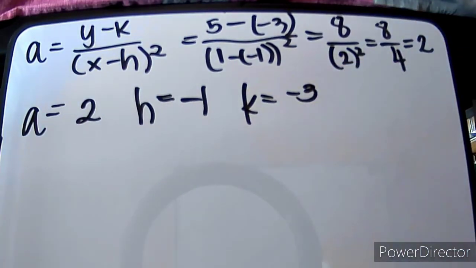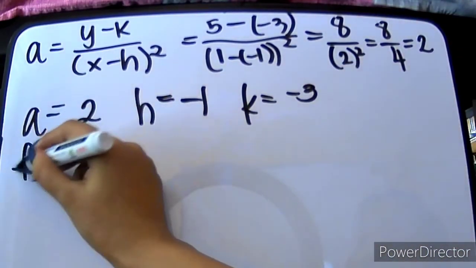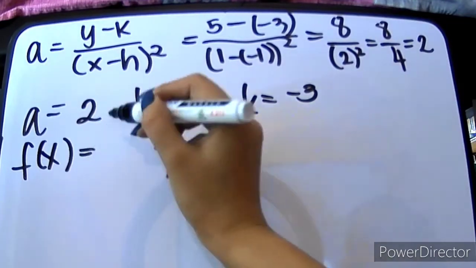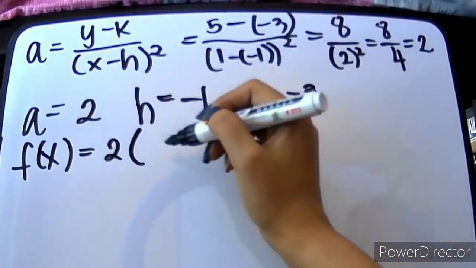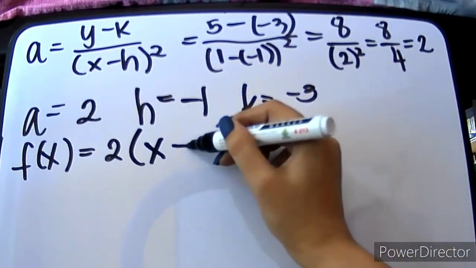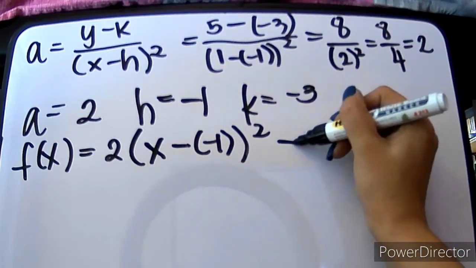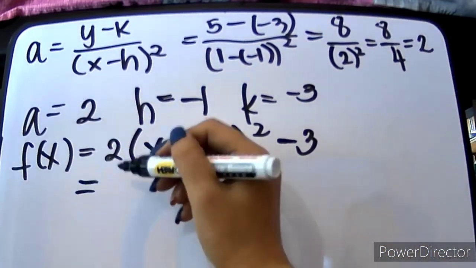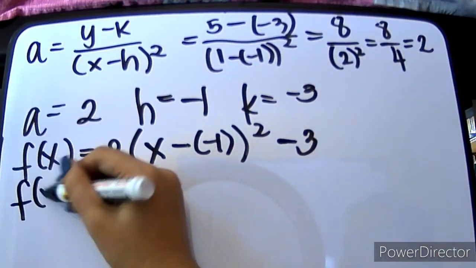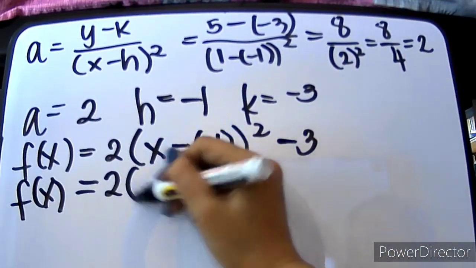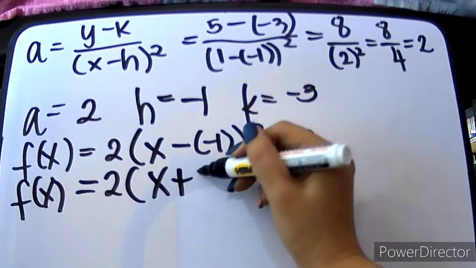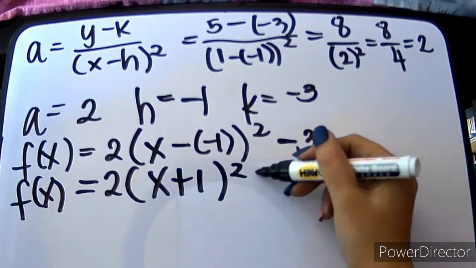Let's now substitute on the f of x equals yung a daw is 2 times x minus h squared and then minus k. We have x plus 1, the square of x plus 1 rather, minus 3.